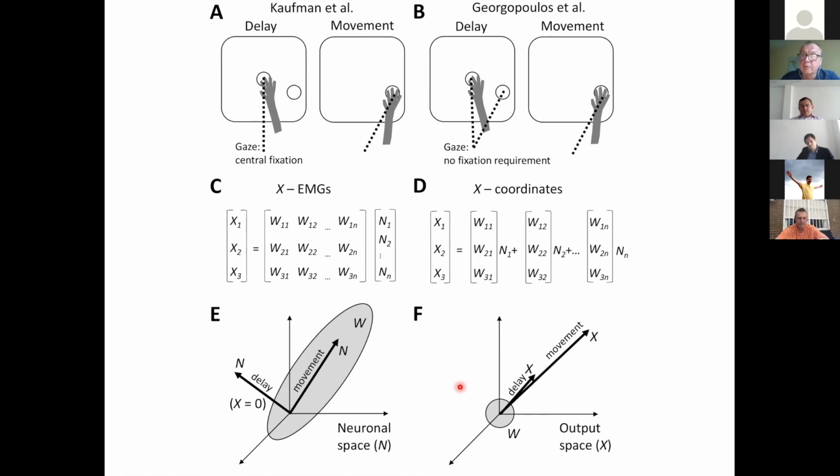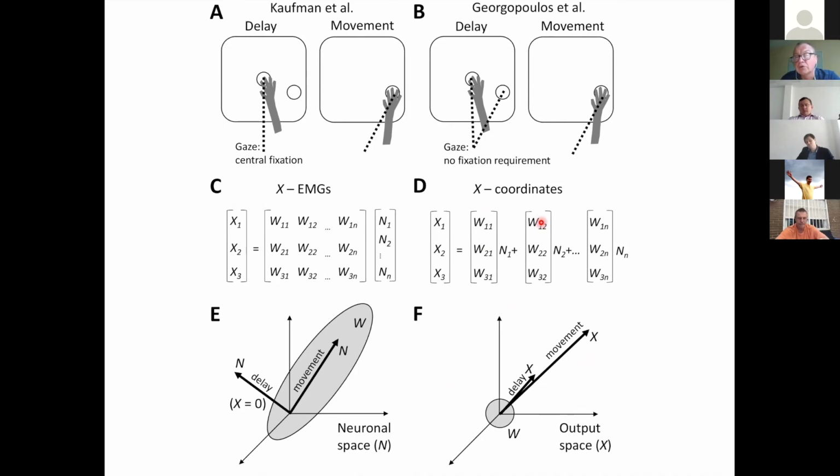The only problem is that before them, Georgopoulos looked at the same problem, although he described this slightly differently using a population vector approach, but still he used pretty much the same metrics. But in his case, there was no 90-degree rotation between the delay activity and movement-related activity.